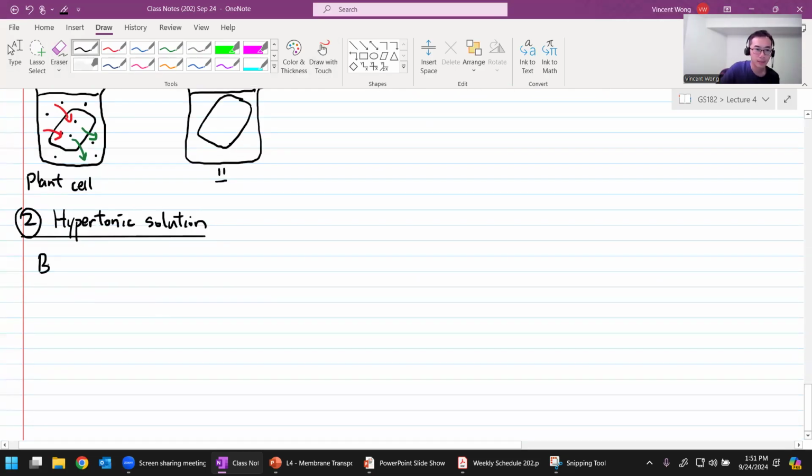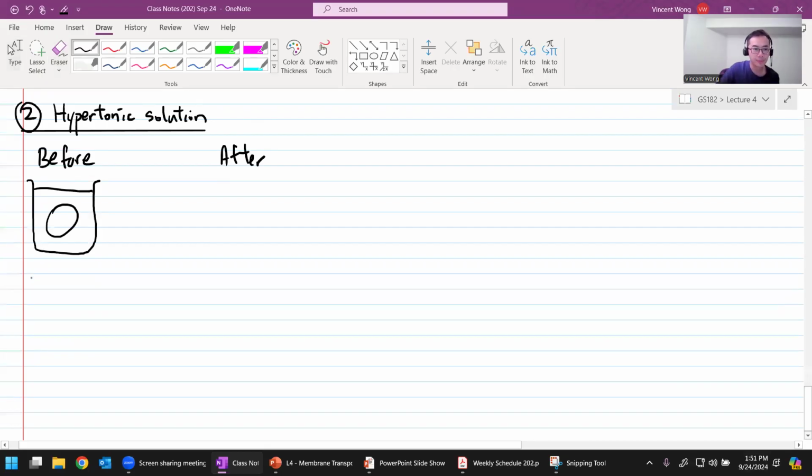All right, so again, we have the before, we have the after, and we're going to draw the animal cell as well as the plant cell. There we go. You can label animal and plant if you want.